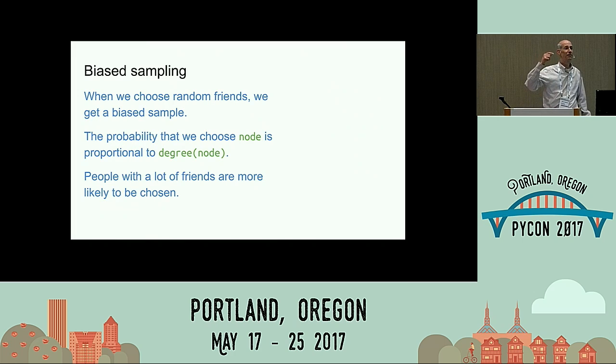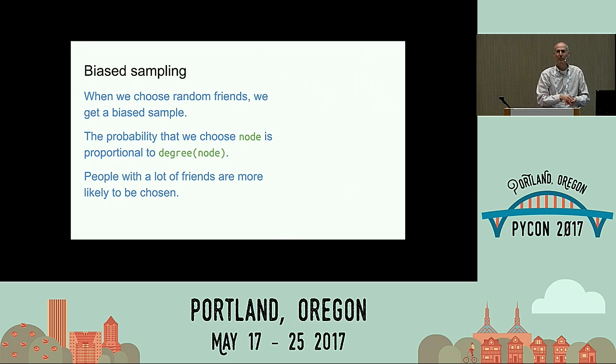When I sample friends, I'm more likely to land on somebody who has a lot of friends, because every edge that leads to you is another possibility that you will be selected. And in fact, your probability of being selected is directly proportional to your degree. The number of friends you have is like votes that you get, like more chances to appear in the sample.